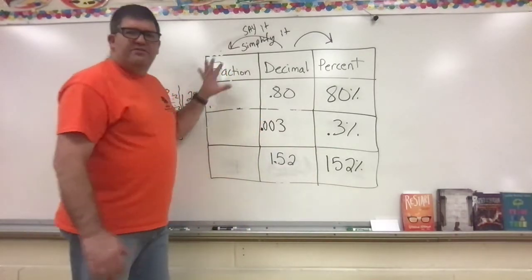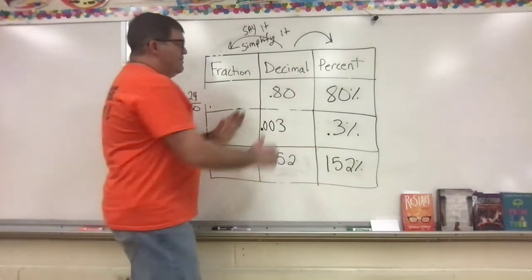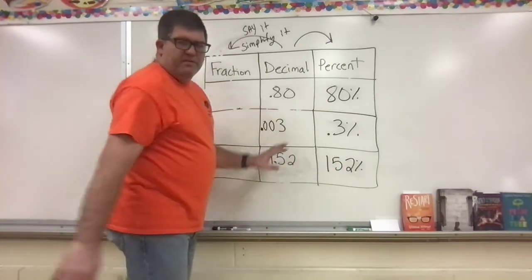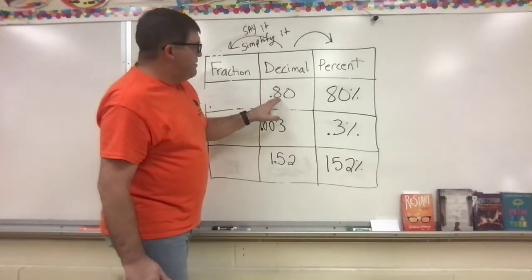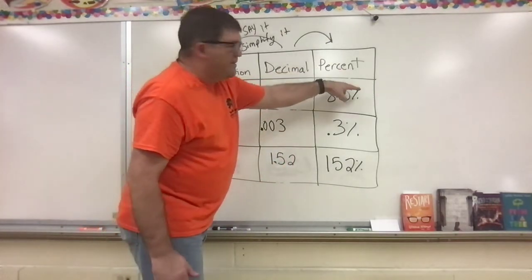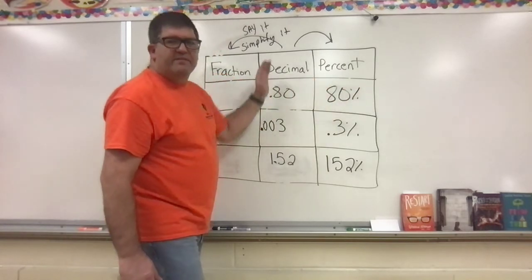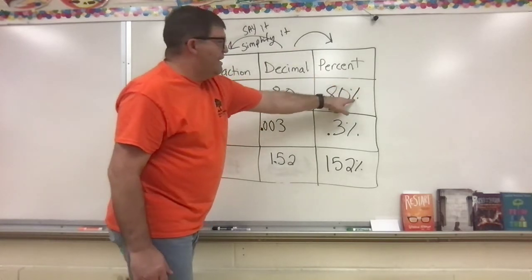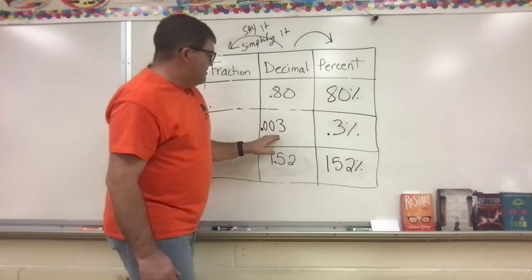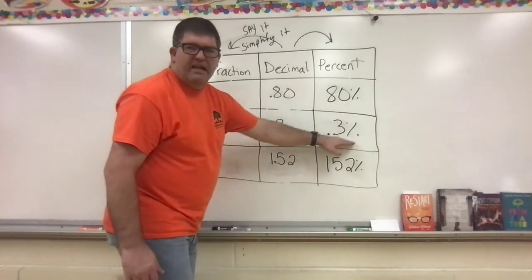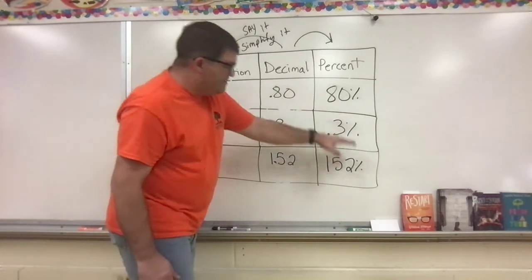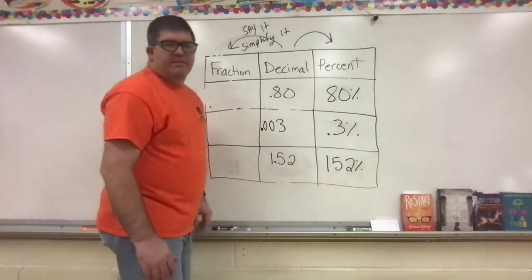So with this chart, if I can get my decimal, I know I take the decimal 2 places to the right, add the percent symbol. 2 places to the right, add the percent symbol. 2 places to the right, add the percent symbol.